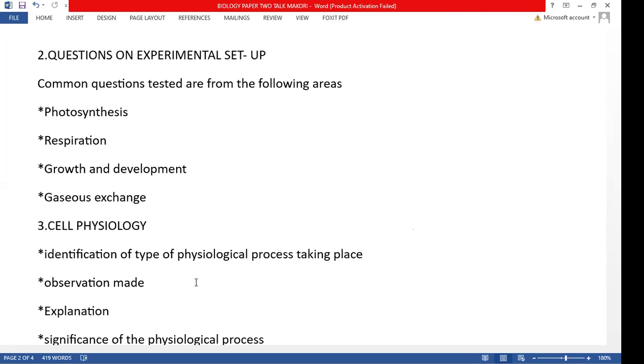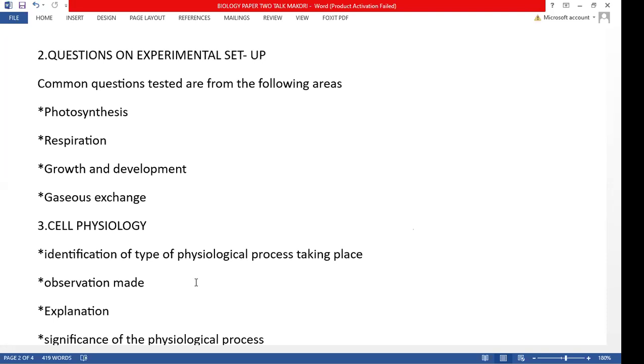So I wanted to differentiate those experiments that involve diffusion and osmosis. Wherever you see distilled water, most likely that is osmosis. If it is involving another particle apart from water, the process taking place there will be diffusion. So take note of that.